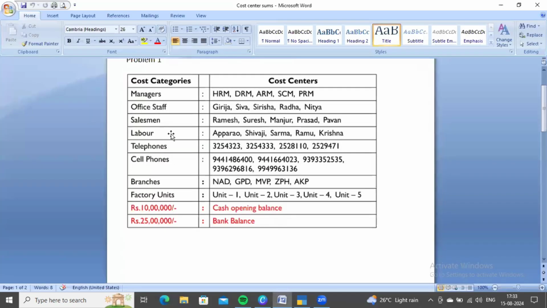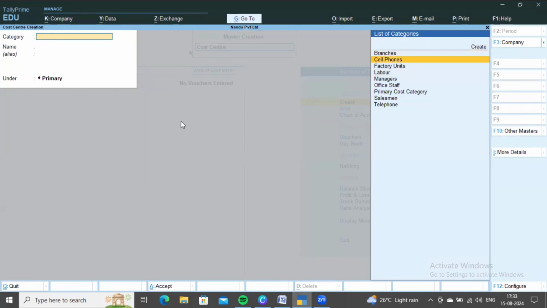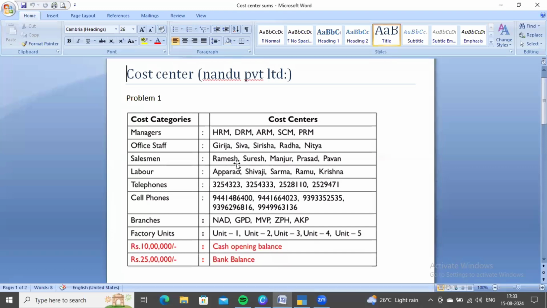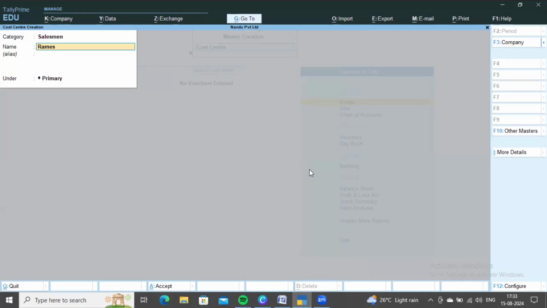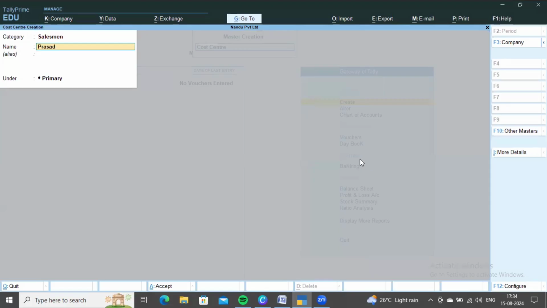And the next category is salesman. Again press space to access the list of categories, select salesman and enter each cost center: Ramesh, Suresh, next Manjur, next Prasad, and Pavan.